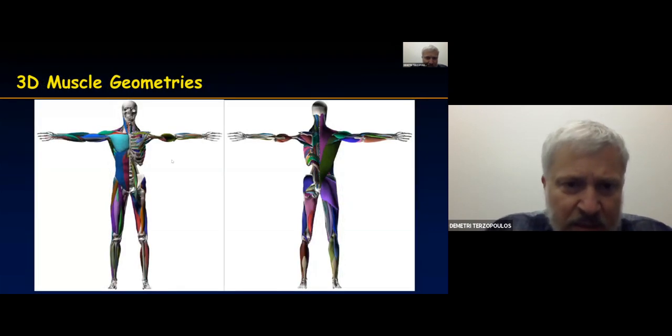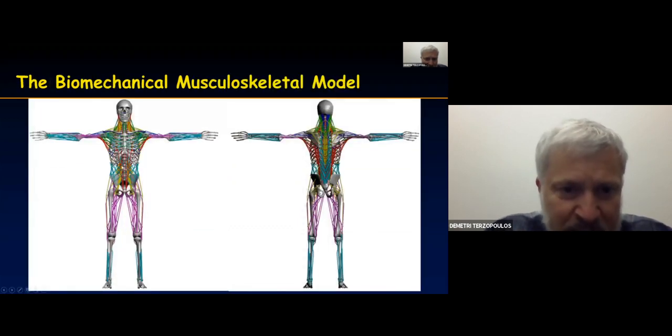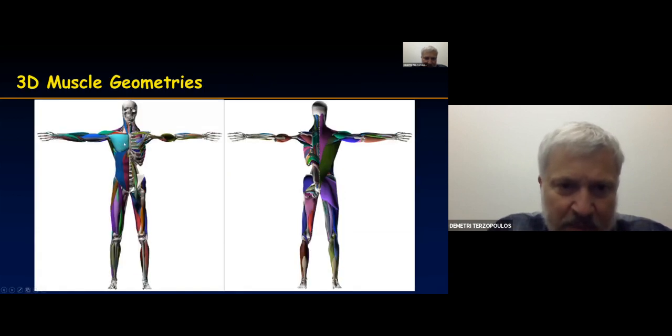Here you see the geometric muscle bodies painted different colors so you can distinguish them. And the actuators, the Hill actuators, run inside these muscle bodies. For realism, we've got all the muscle geometries.